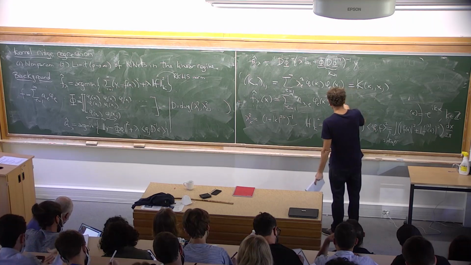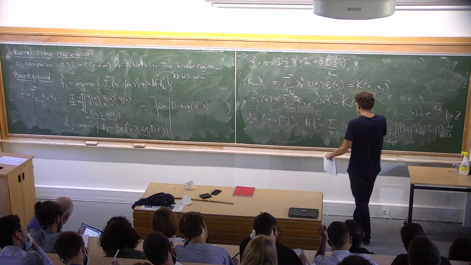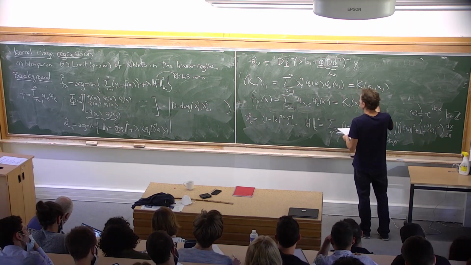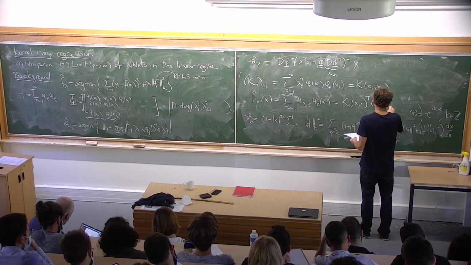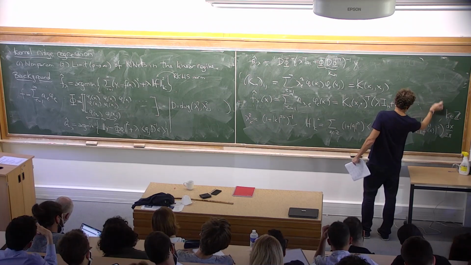So what it gives is Kn(x) transpose, and then lambda I_n plus Kn inverse, and then y.